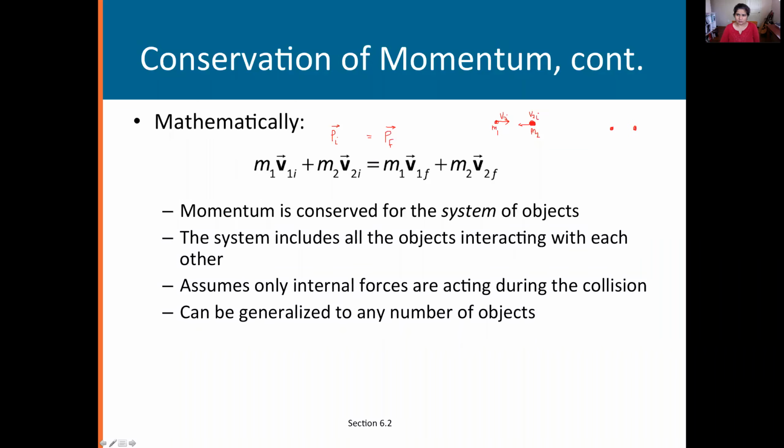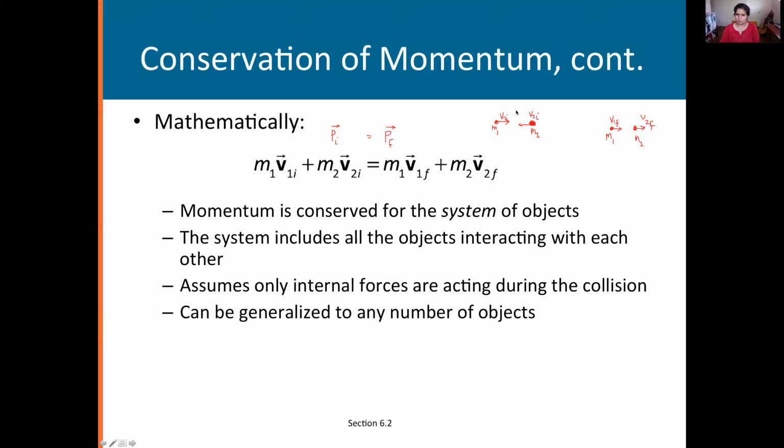Let's again assume that m1 continues in this direction. So we have m1 now moving with a velocity v1 final, and we have m2, and let's say this also starts moving this way. We don't know which way it moves, but we are just going to assume a direction. m2, v2 final. So this is my picture after collision.